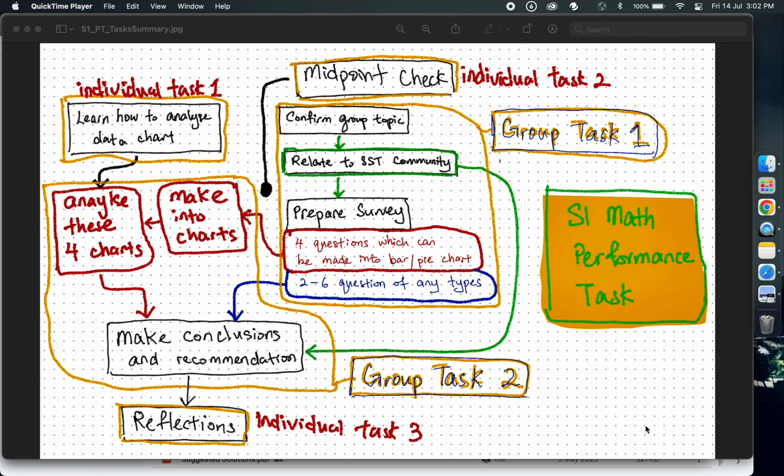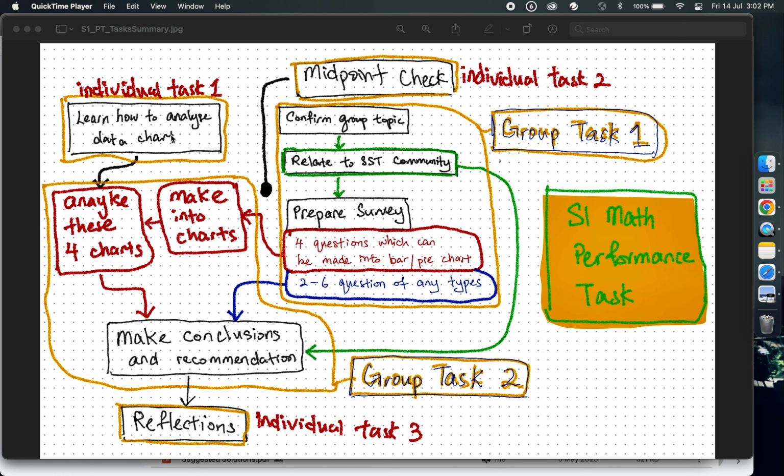This is actually how your entire project flows. The first thing you did last week was to work on the individual task one. If you look at the top left hand corner of this picture, you see individual task one. You can see my cursor right here. The purpose of this individual task one really is to learn how to analyze a data chart.